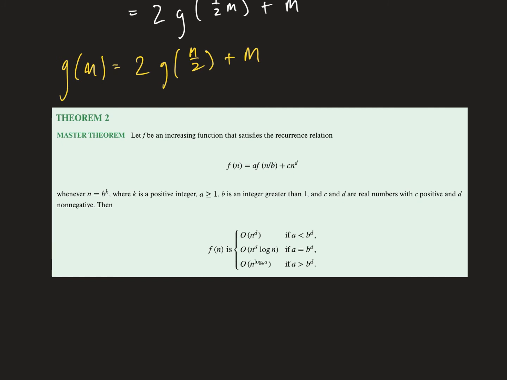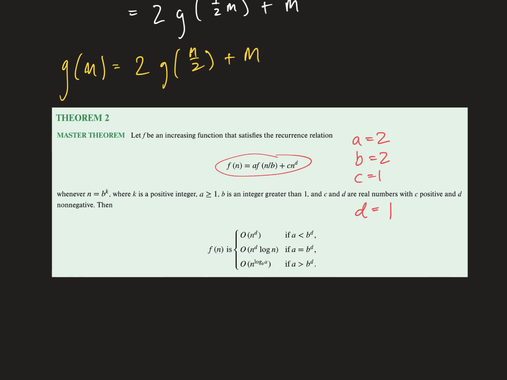Okay, so now we have something in this form where a is 2, b is 2, c equals 1, and d equals 1. We're just replacing the f's with a g and the n's with an m.